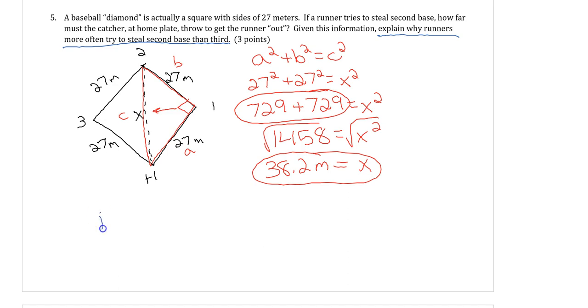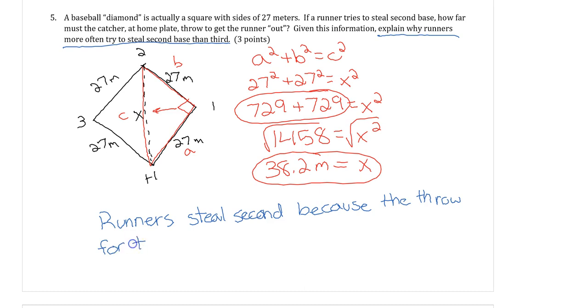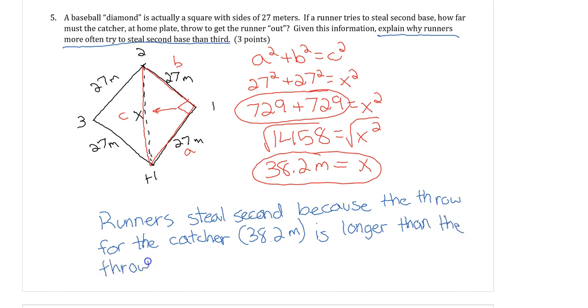So, runners steal second because the throw for the catcher, 38.2 meters, is longer than the throw to third.